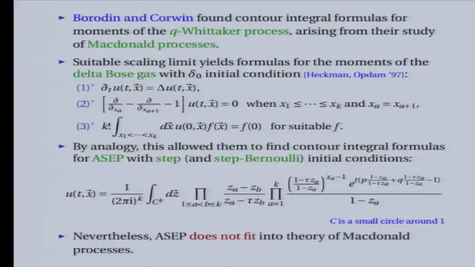I'm going to explain where this comes from. So this formula is really special for step. Sorry, you need density 1 half. No, this is density 1 on the positive integers.